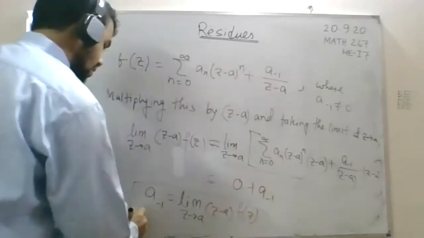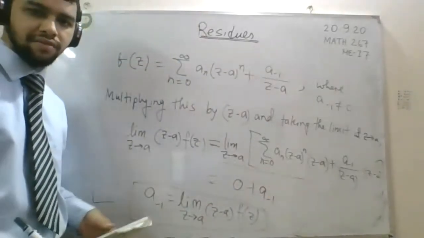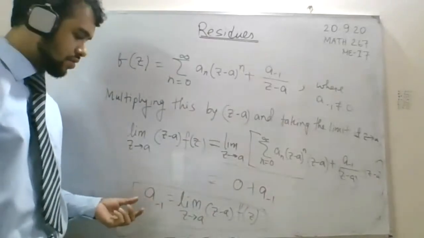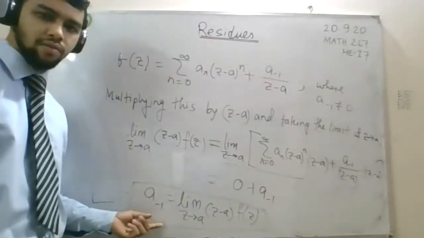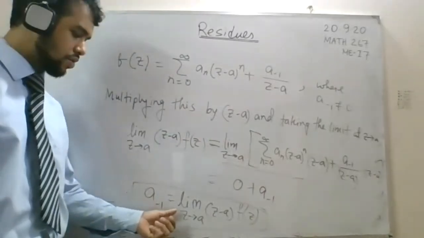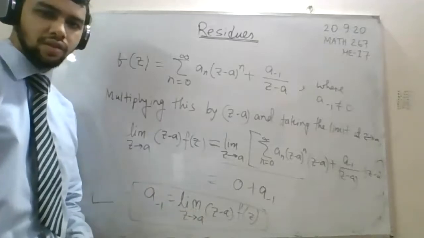So this is the residue for a simple pole of a function. Okay. So if I ask you to find the residue of a simple pole of a function, then the formula is a subscript minus 1 equals limit z tends to a of (z minus a) into f(z).